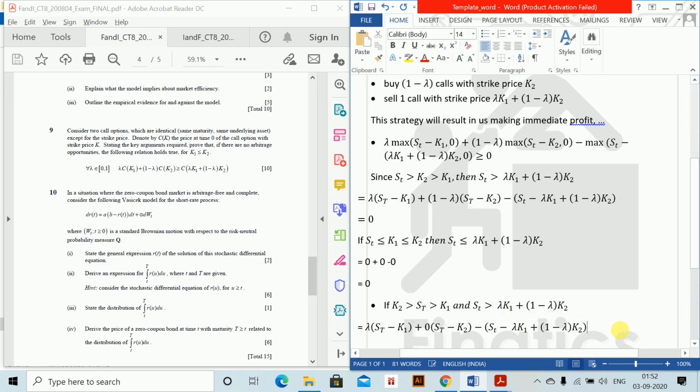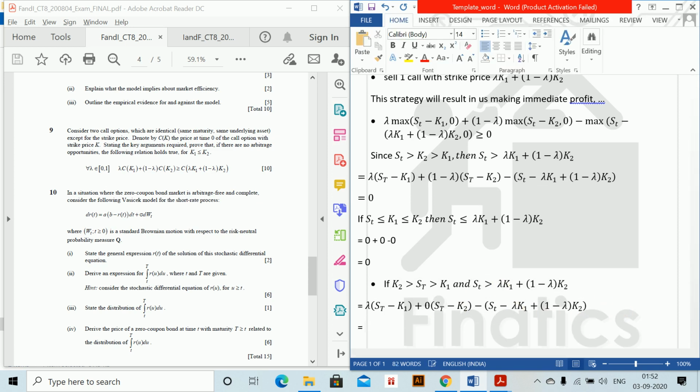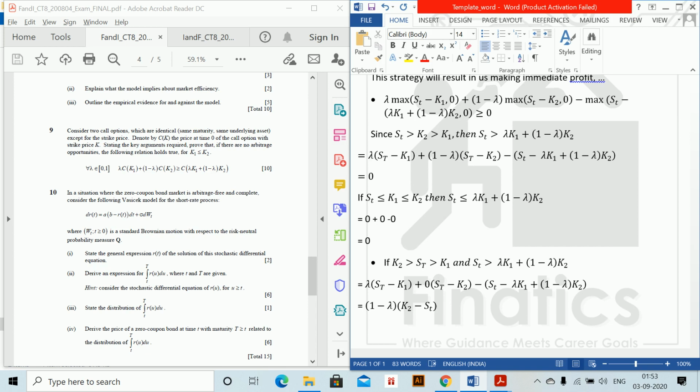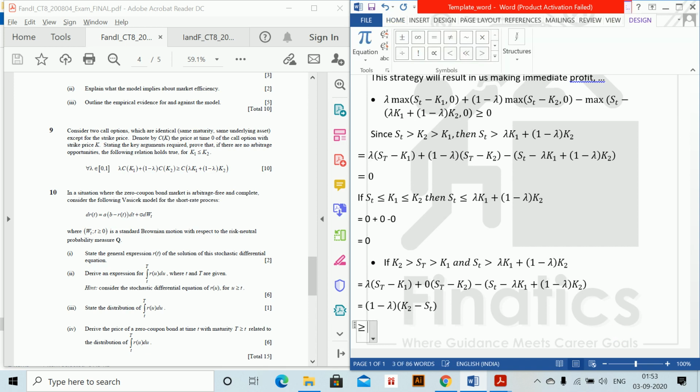Okay, and this is equal to (1 minus lambda) into (K2 minus S_T), which is greater than or equal to 0.